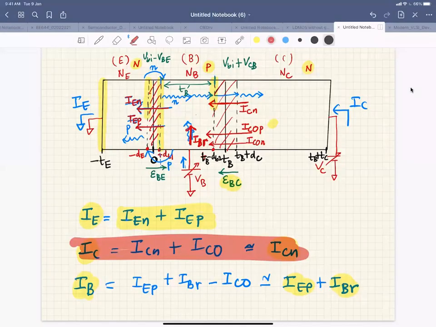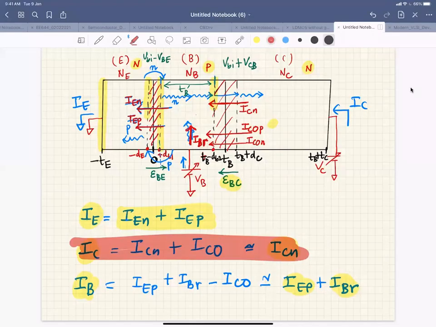ICO is your reverse saturation current in that junction. But here, the reverse bias is not very strong, so that ICO can be neglected. But as we discussed in the PN junction, if you go on increasing the reverse bias across the collector base junction, at some point your ICO will be very high, because there will be avalanche or Zener tunneling.